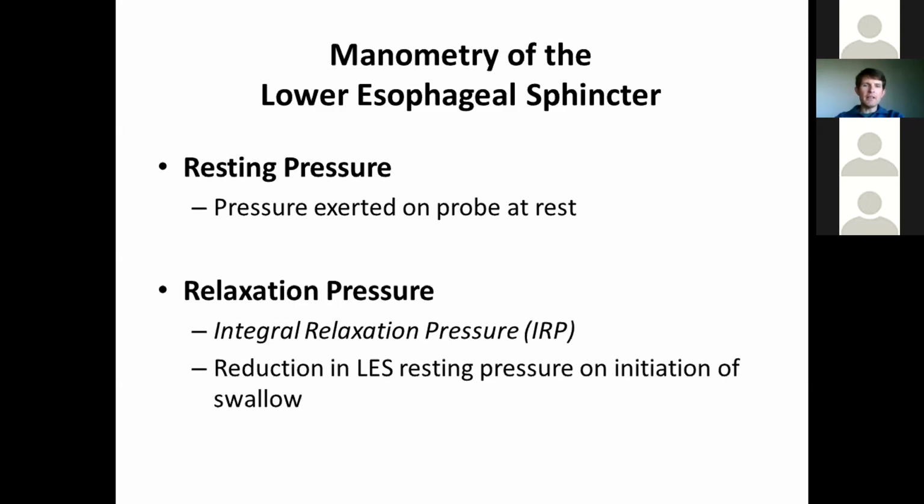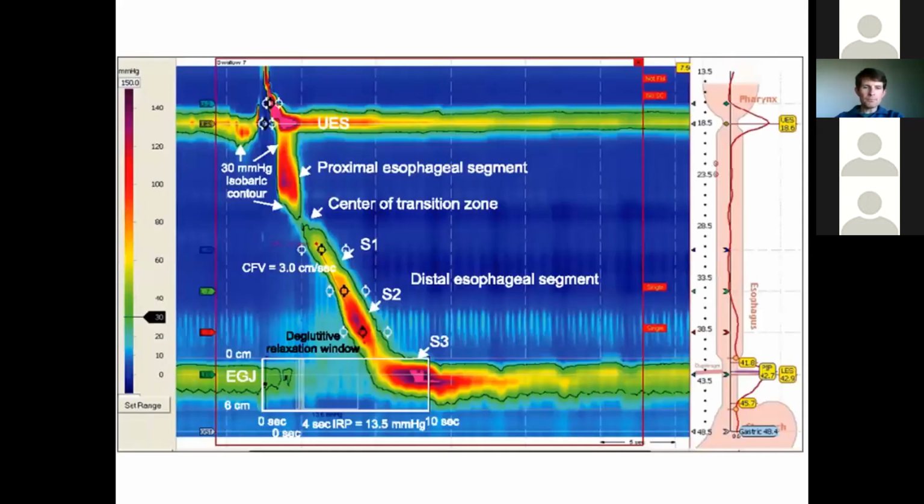And that's how well the LES relaxes when a swallow is initiated or throughout the swallow process. So graphically, here you see the initiation of the swallow, relaxation of the upper esophageal sphincter, so that's where the swallow initiates.